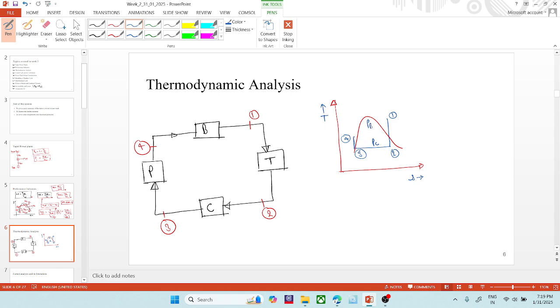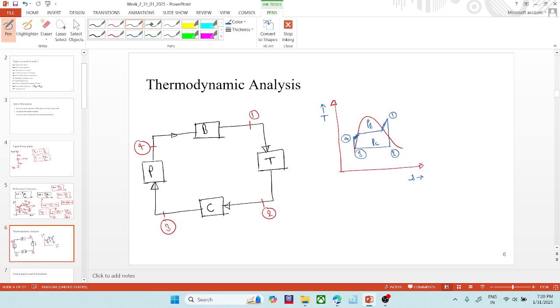Then it is heated in the boiler at the boiler pressure. So these are the four processes which we have in the Rankine cycle or vapor power plants.